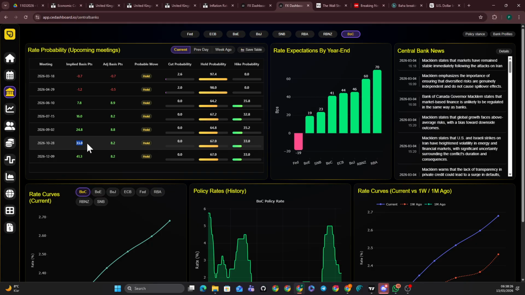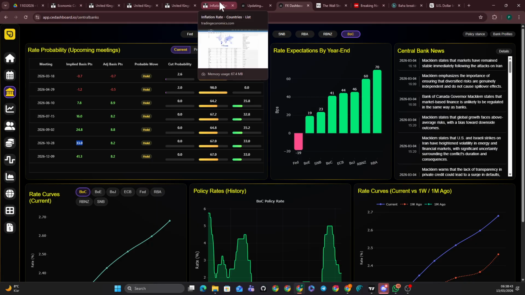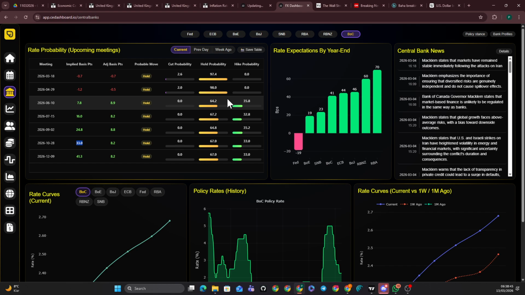Market participants are pricing a full rate hike in October. We'll see the oil price impact starting from the next month, so starting from this month. We'll see what will happen in the markets with this current scenario.